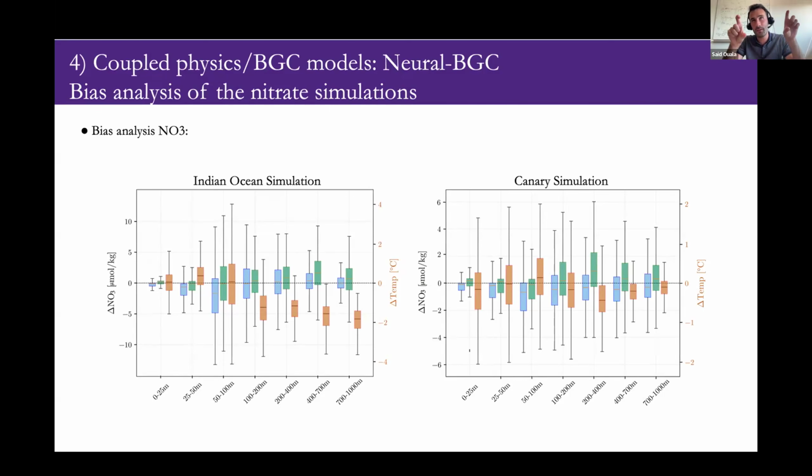The fact that we are using the simulated dissolved oxygen as an input to the nutrient networks gives some bias compensation properties, because if the physics is biased, then the dissolved oxygen is also biased, and those two biases at the input of the nutrient networks cancel out, leading to a smaller bias when compared to the dissolved oxygen.